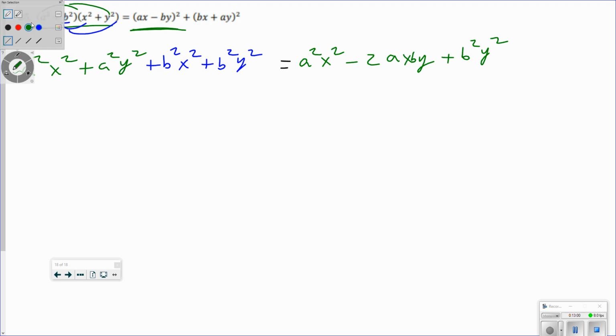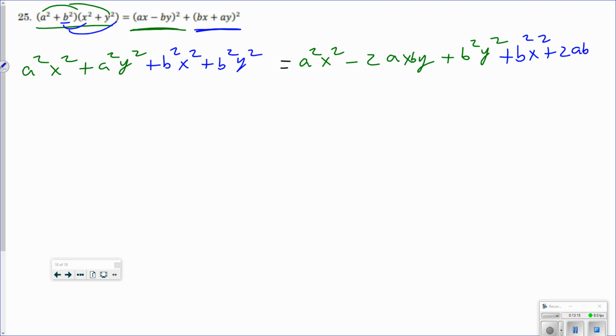And then the other part is bx plus ay all squared. It's also a perfect square trinomial. It'll be b squared x squared plus 2abxy plus a squared y squared.